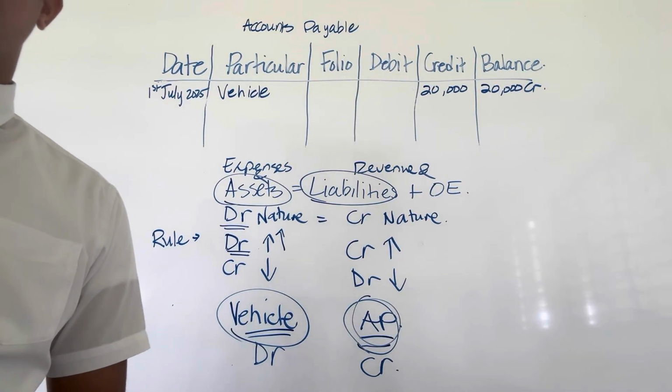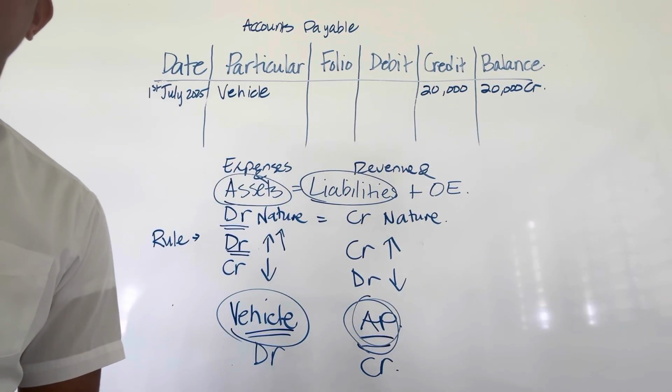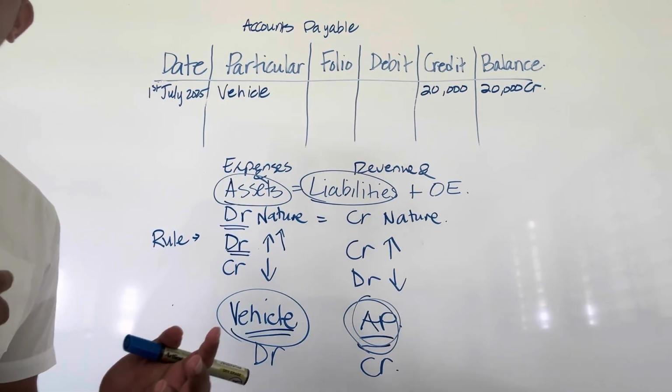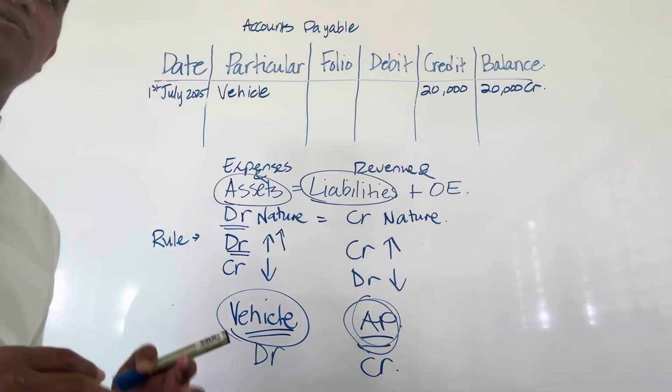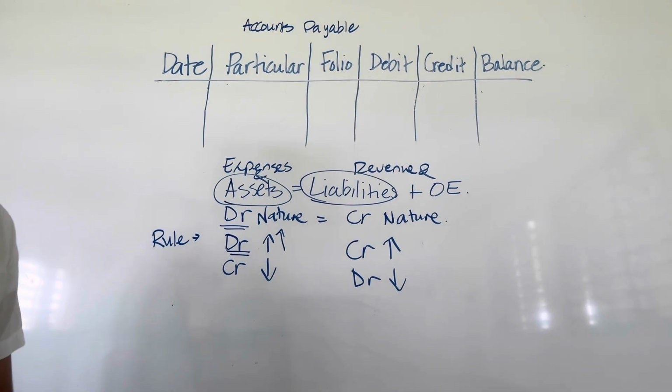Okay, let's look at this next example. Received cash from Alifosio, our debtor, in full settlement of his account, $65. So we are receiving cash. This is a cash receipts transaction, recorded in the cash receipts journal.